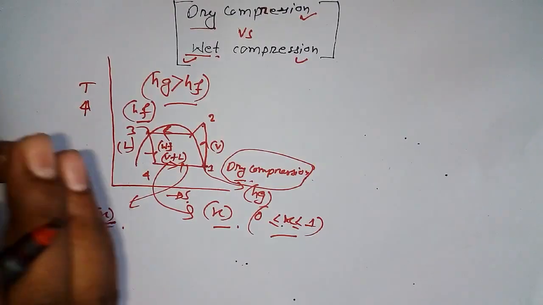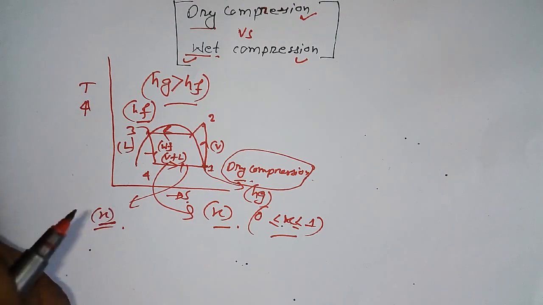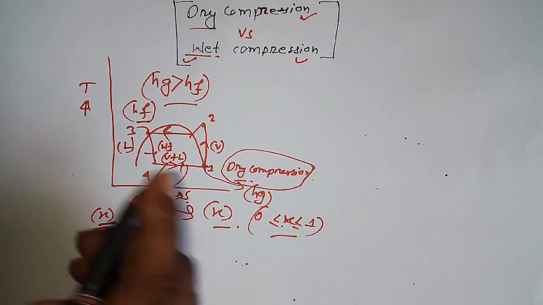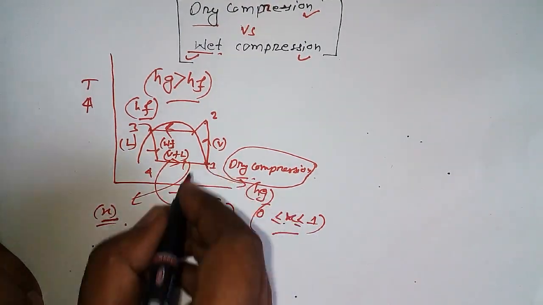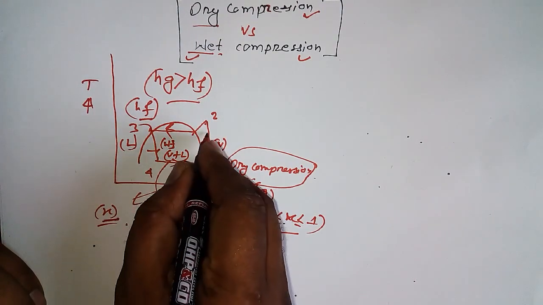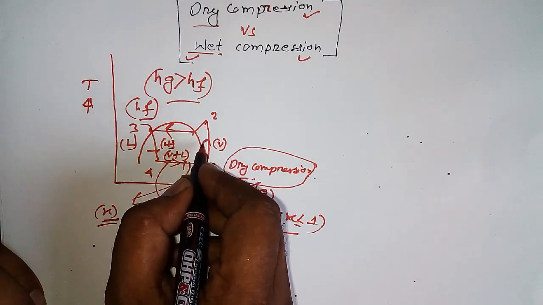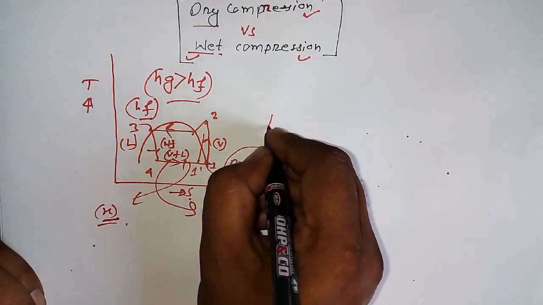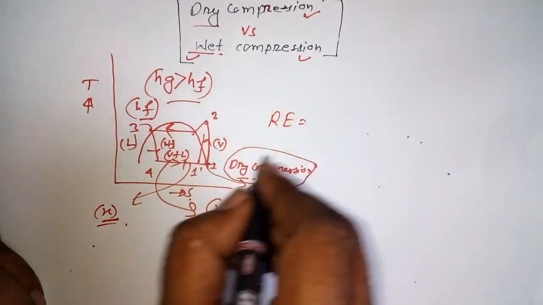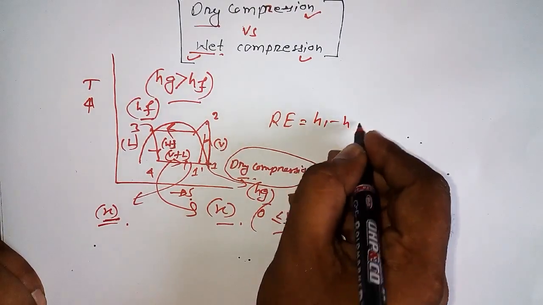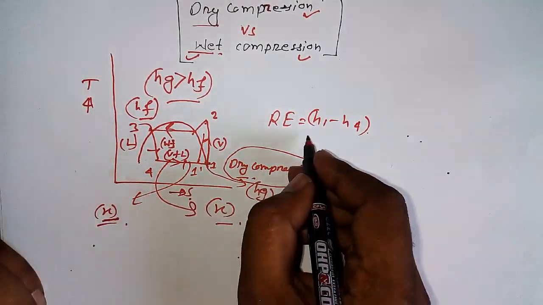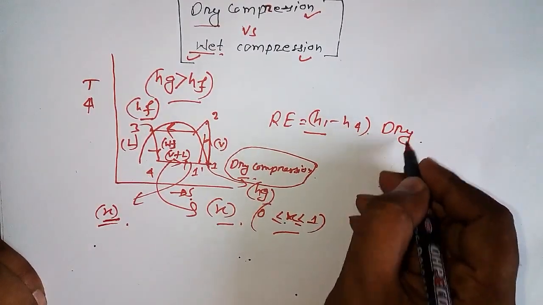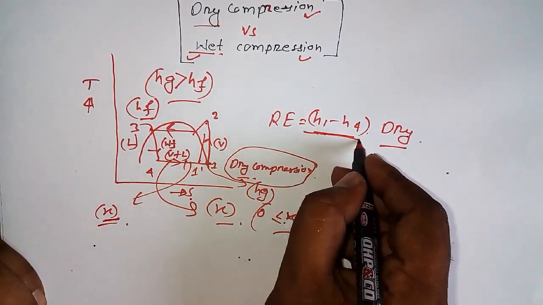Now what happens if there is wet compression? Suppose that compression takes place from here, 1 dash. As we know, the refrigerating effect is equal to H1 minus H4. Now if there is dry compression, then the refrigerating effect would be like this.